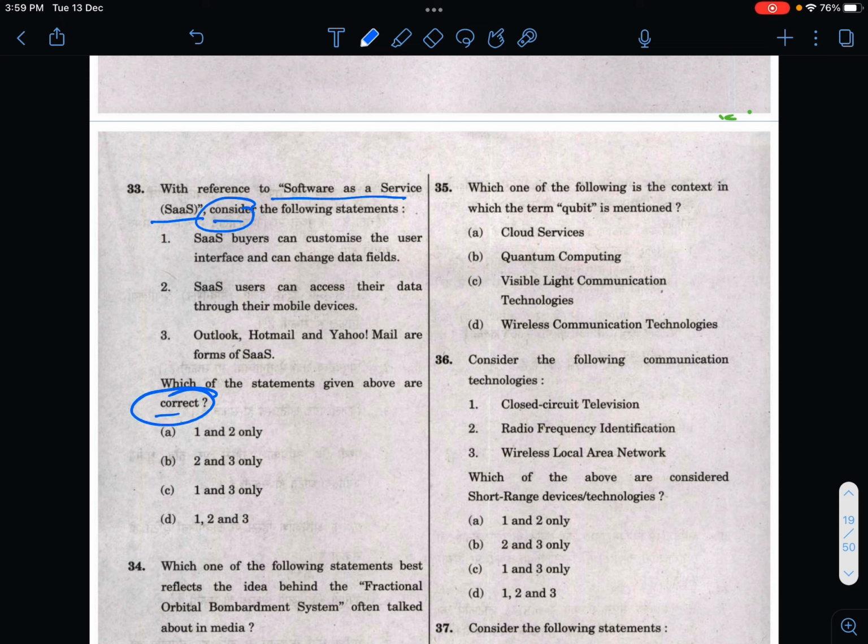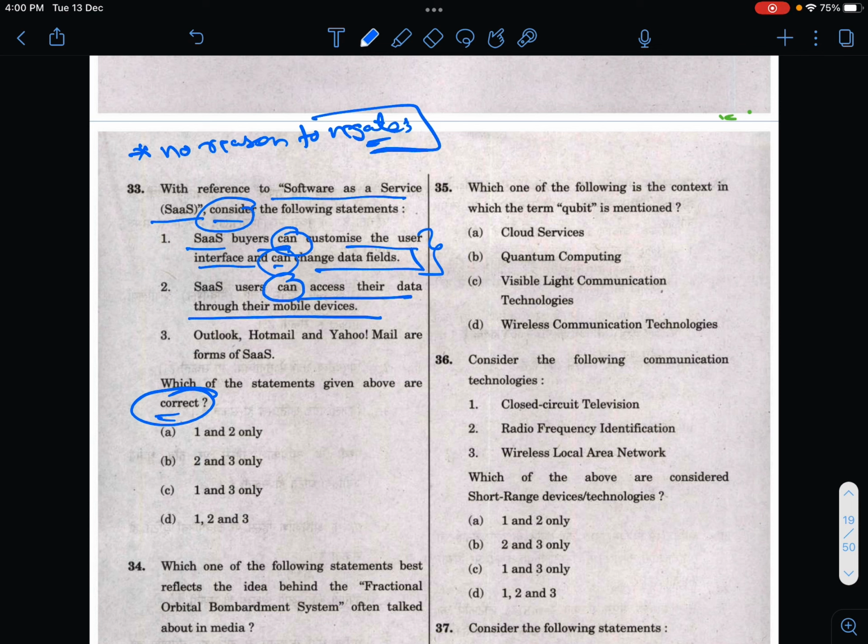Statement 1 says, these buyers can customize the user interface and can change data fields. Of course, why not? I have no reason to negate. Until I have a strong reason to negate, I'll assume the statement to be correct. Statement 2: users can access their data through their mobile devices. Of course, why not? And 3 says, these email platforms are forms of SaaS.